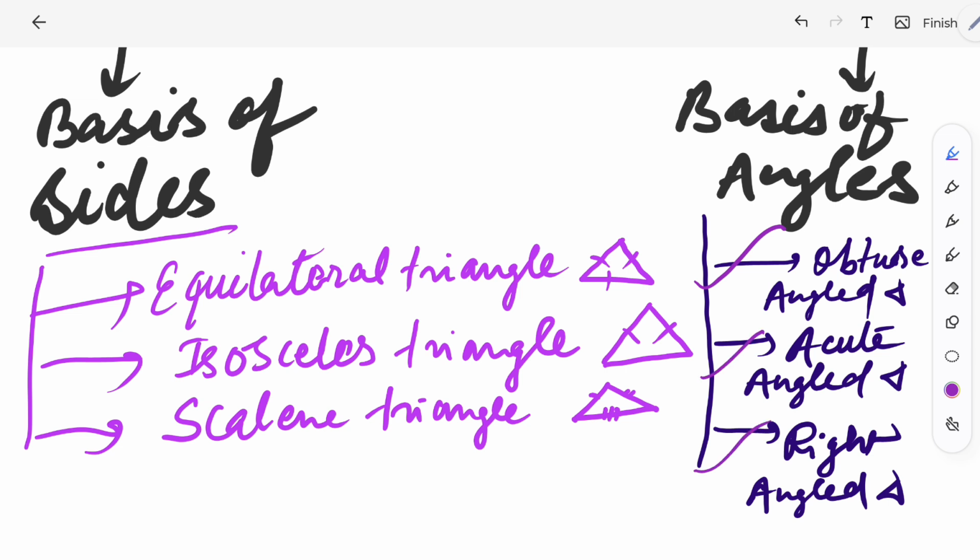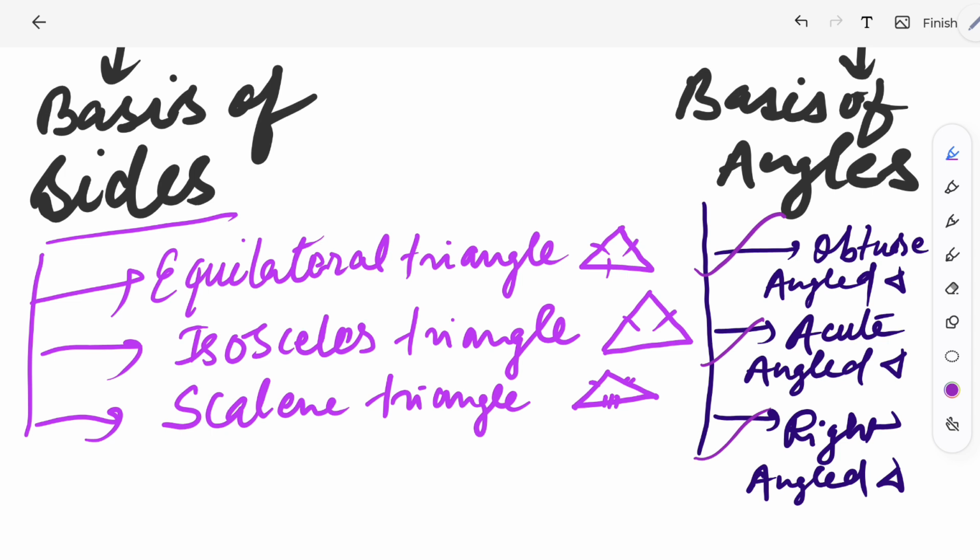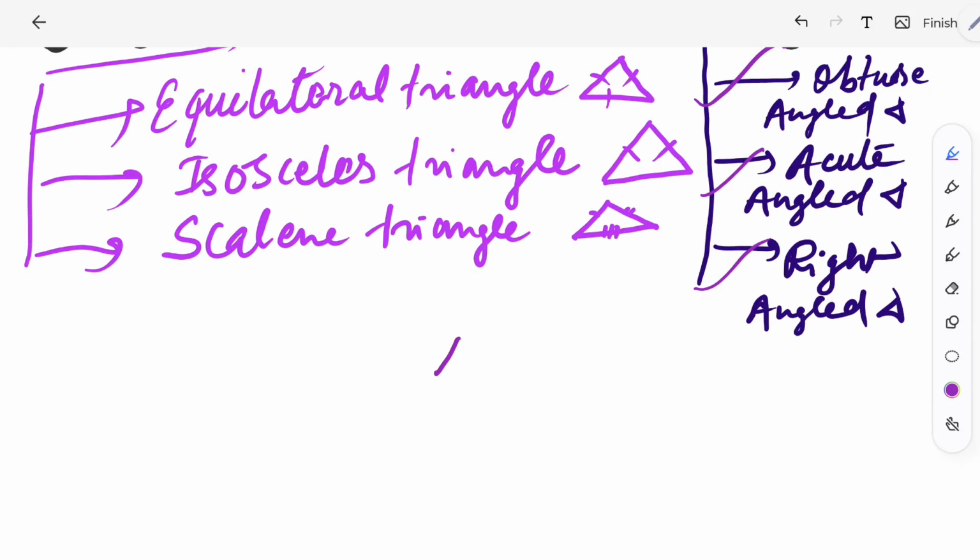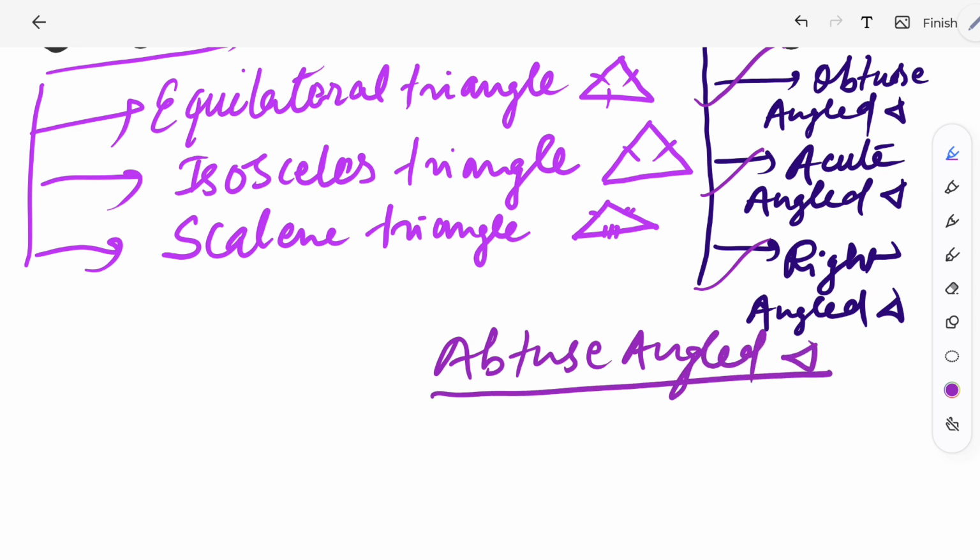Now, what do you mean by an obtuse angle triangle? An obtuse angle triangle is a triangle whose one angle is an obtuse angle, which is greater than 90 degrees. So this angle is greater than 90 degrees, that's why it is an obtuse angle triangle.